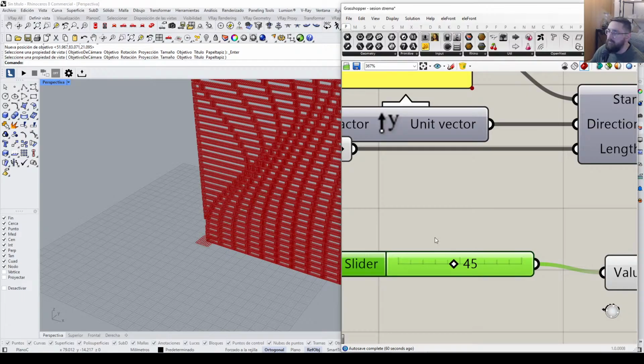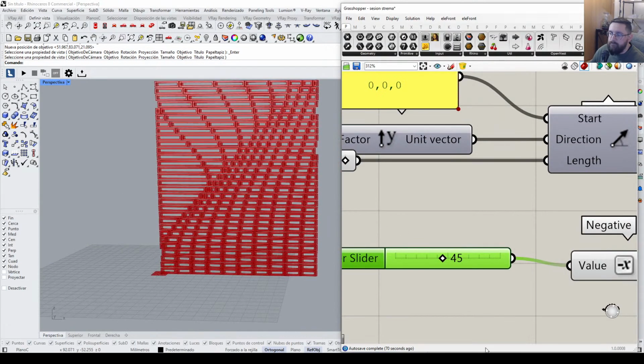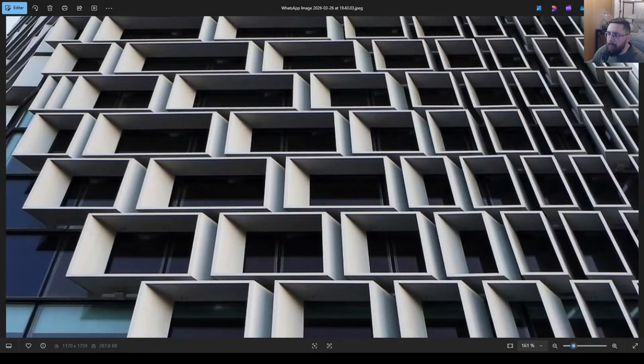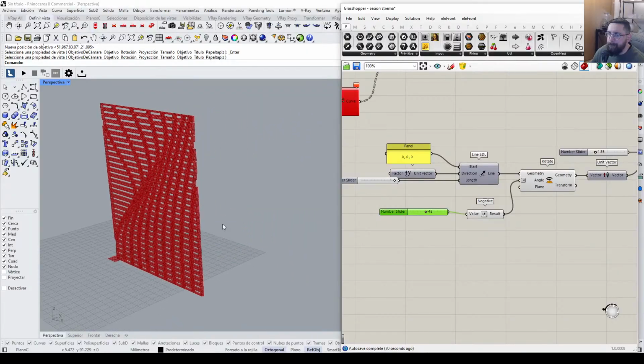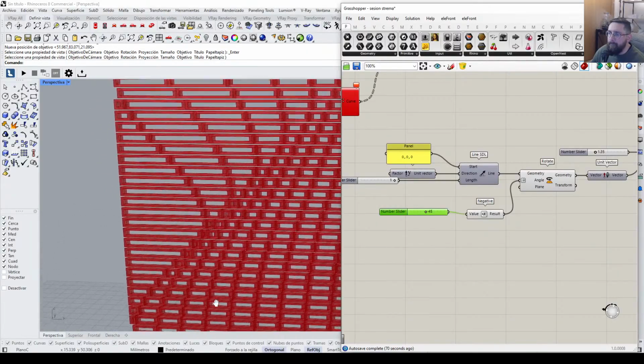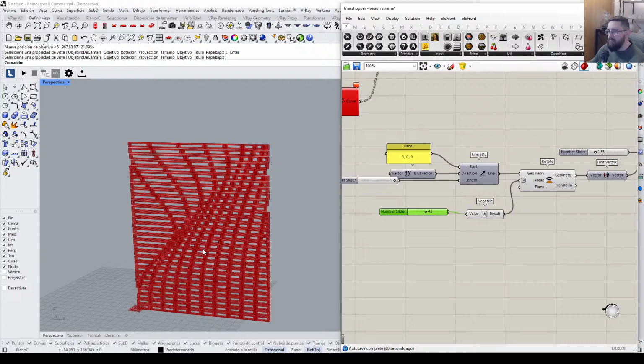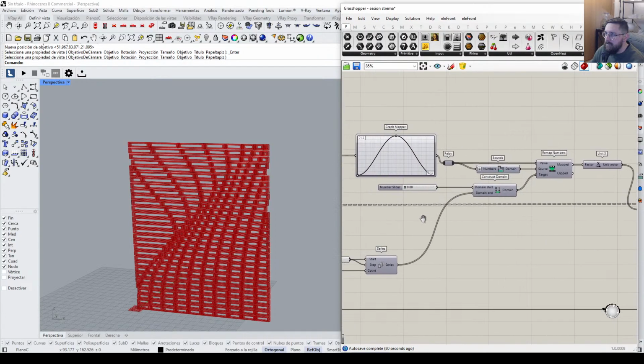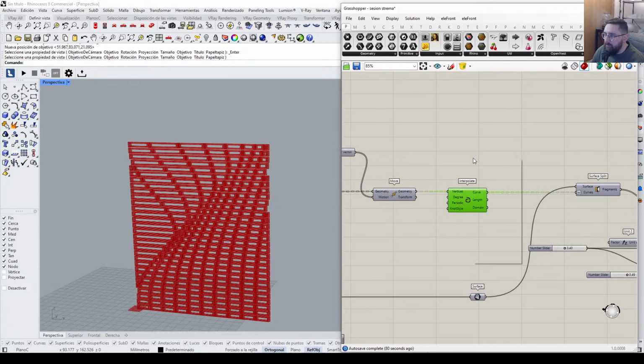Okay. Here it's extruding quite a bit more, isn't it? Actually, what I should probably do... Actually, I'm going to try something out.